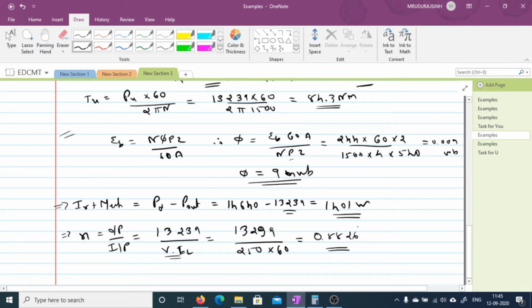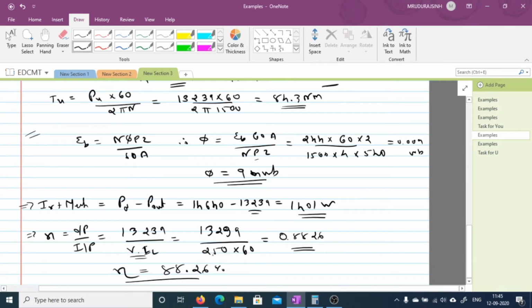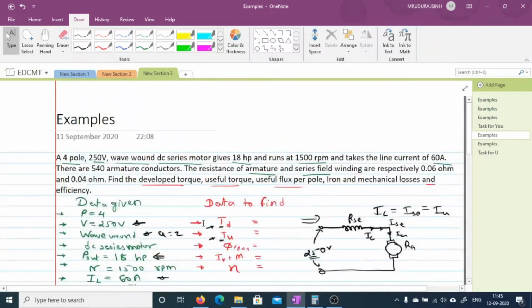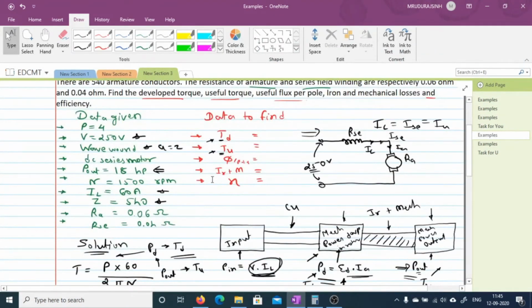If we convert this into percentage, multiply it by 100 and we will get the efficiency equal to 88.26%. So this is the final answer, 88.26. This is how we can calculate this sum.